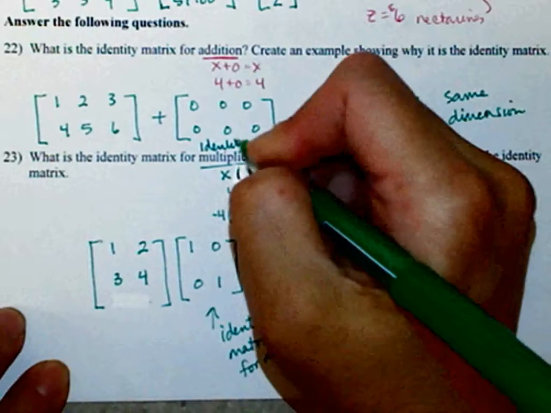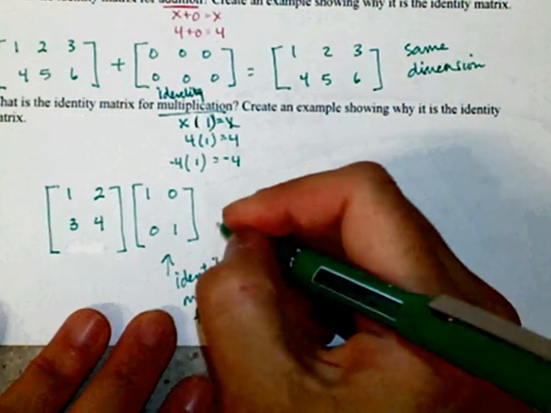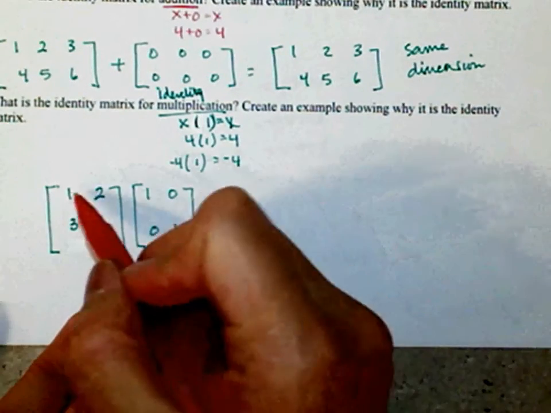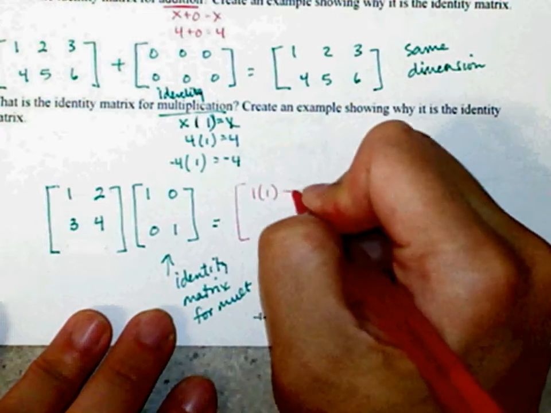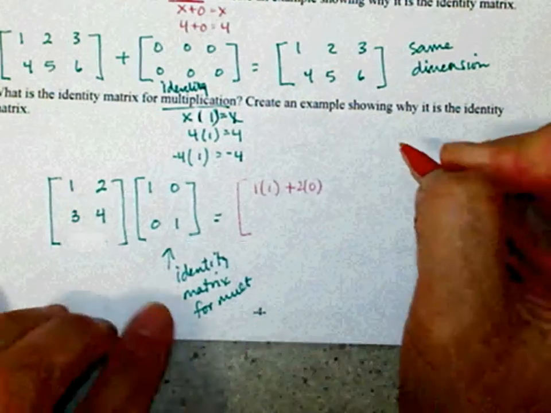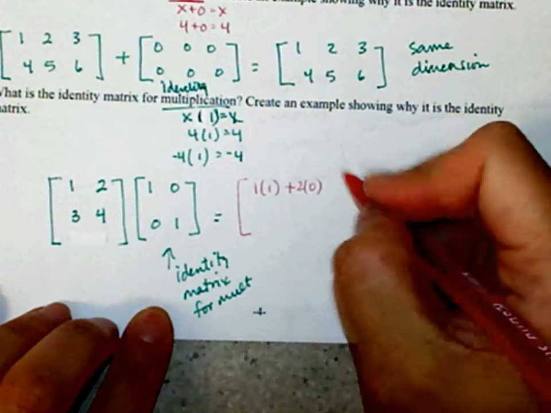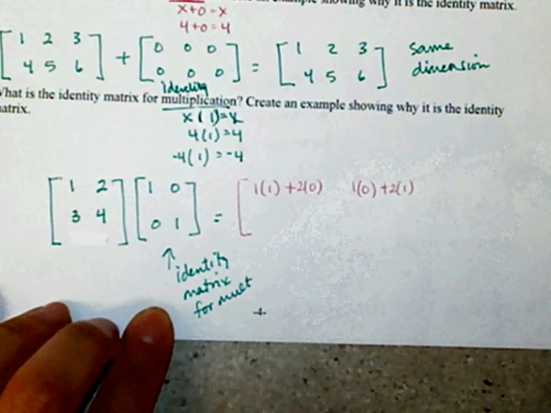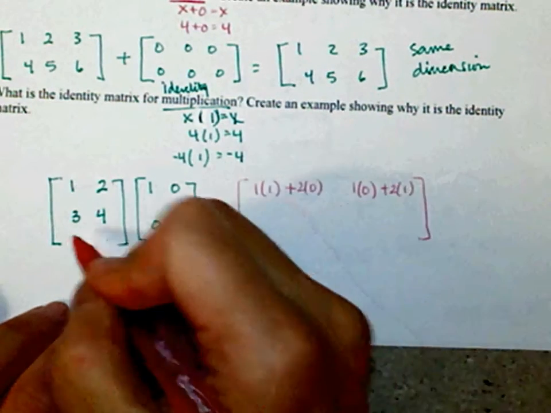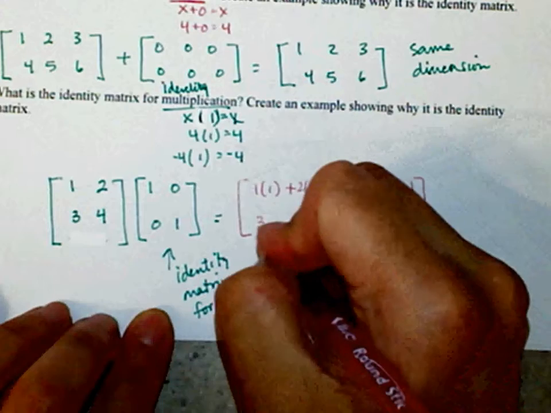Let's see what happens. Here we go. First row, first column. Okay? 1 times 1 plus 2 times 0. First row, second column. 1 times 0 plus 2 times 1. See it? Okay? Second row, first column. 3 times 1 plus 4 times 0.